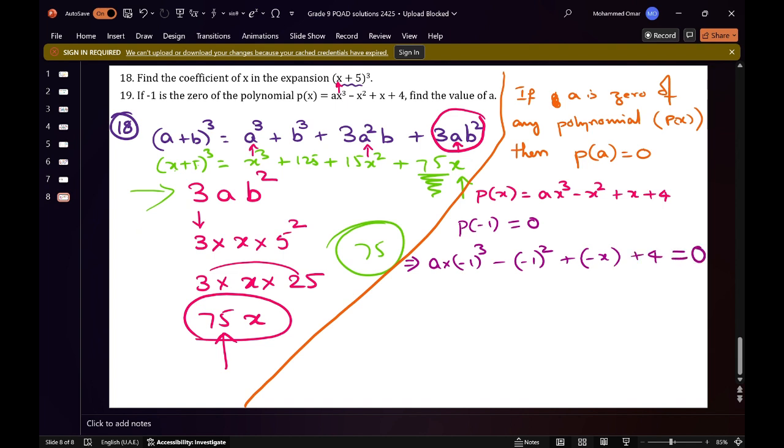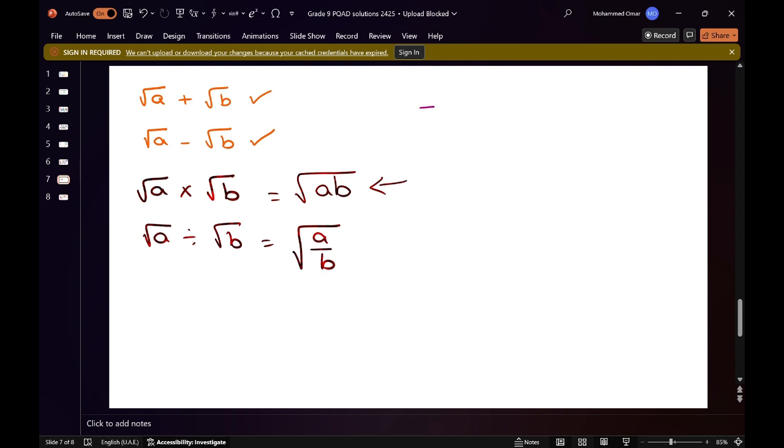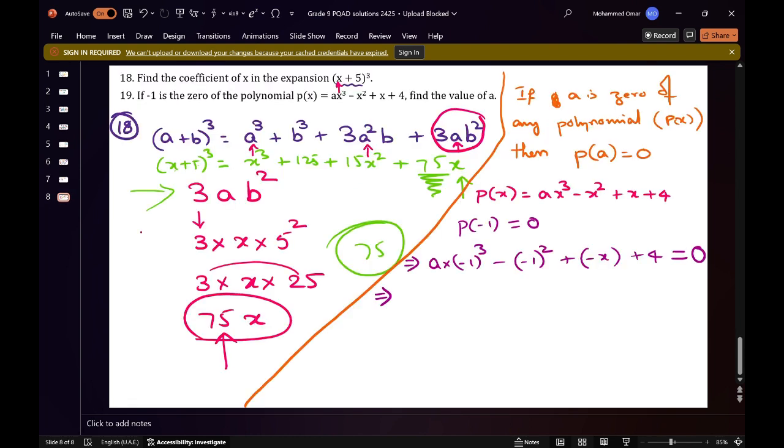This is important. Students, I will explain. Minus 1 whole cube: can I write it as minus 1 into minus 1 into minus 1? Minus into minus is plus, plus into minus is minus. 1 ones are 1, 1 ones are 1. So what is the answer? Minus 1 whole cube is minus 1. So is it minus 1a?